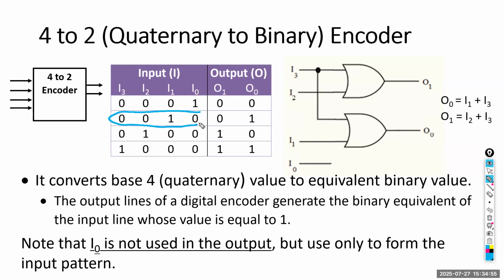I0 is 0. I1 is 1. I2 is 0. I3 is 0. 0 plus 0 is 0. 1 plus 0 is 1. O0 is 1. Yes. O1 is 0. Yes.